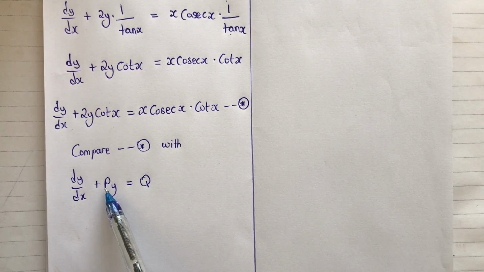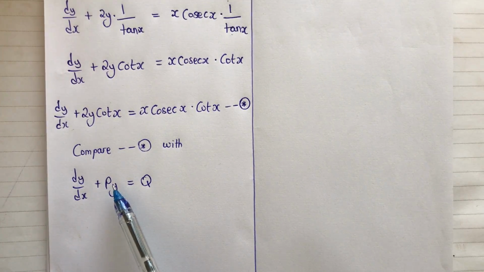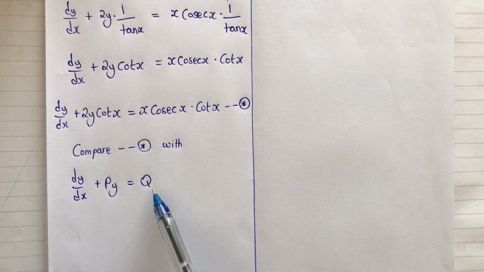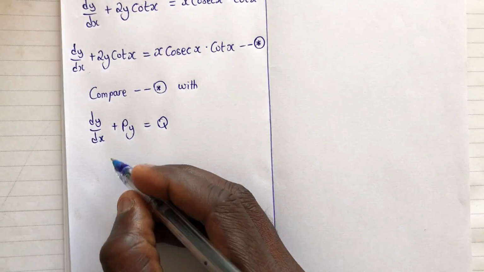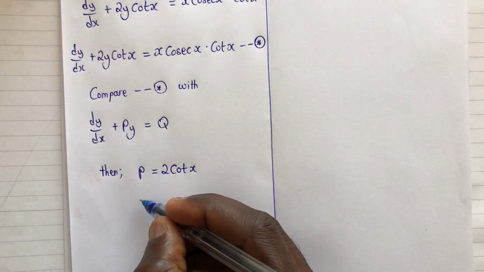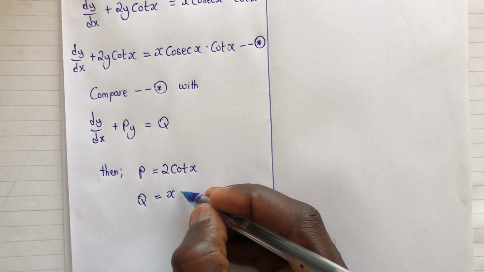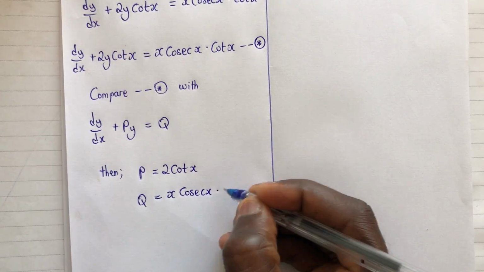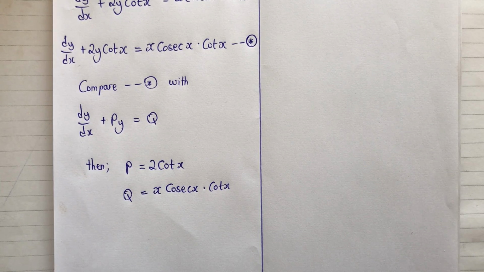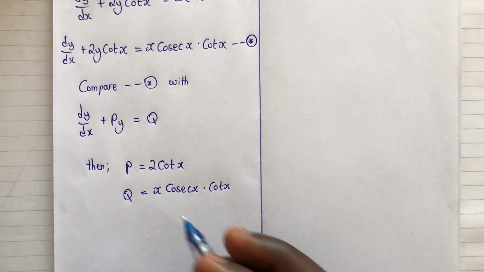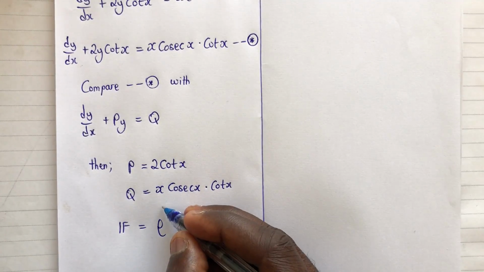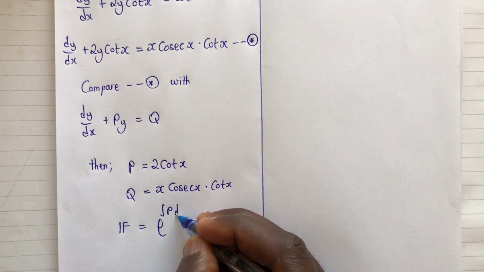So I told you that function P is a function in terms of the variable what? x. Then everything we have on the right side equals what? Q. So we can write that P equals 2 cot x. Then Q equals x cosec x times cot x. Now your next step is to find the integrating factor. So IF, which is the integrating factor, is equal to the exponential function of the integral of P dx.